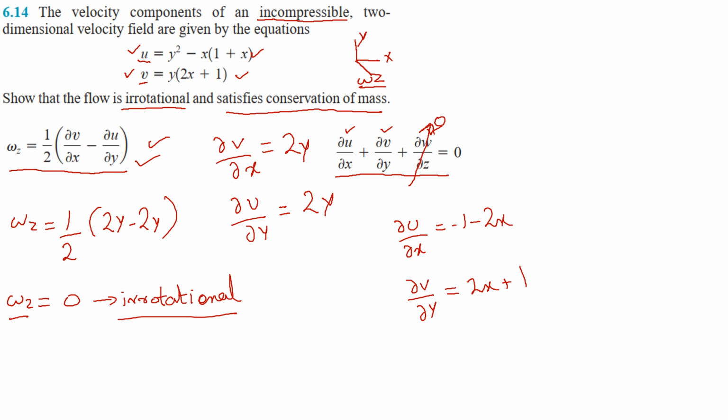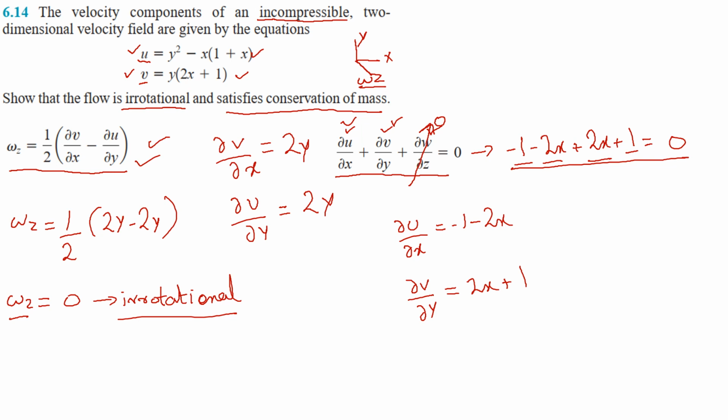Now putting these two terms here and here, what we get is -1 minus 2x plus 2x plus 1 is equal to, and it will come out to be 0, because -1 plus 1 and -2x plus 2x cancel. So overall it will come out to be 0. So it does satisfy the conservation of mass principle.